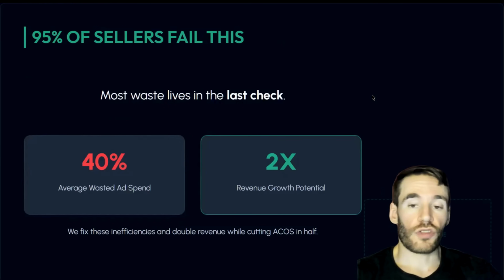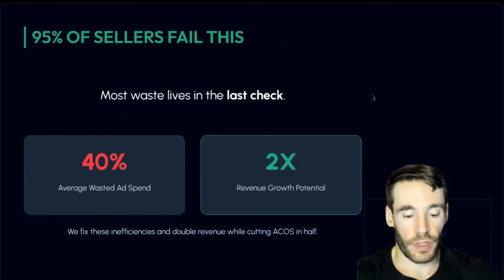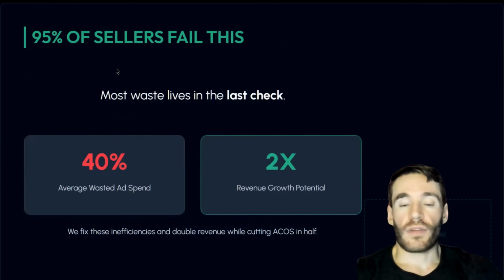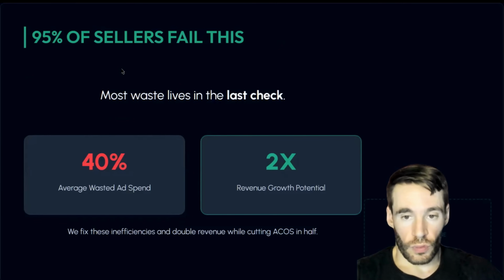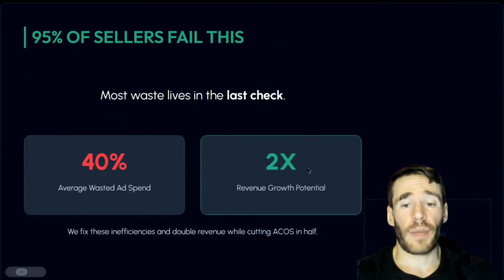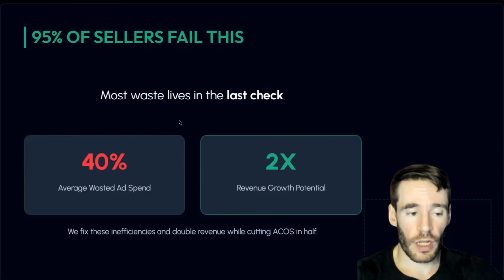Okay. And I want to say this. We do a lot of audits. We did, I don't know how many, hundreds and hundreds of audits, thousands maybe. I'm not sure. 95% of sellers fail some of these steps. Most of them fail in a lot of stuff. And these are the metrics that we get. Most of the sellers that we work with, we double revenue in our collaboration, and we reduce ad spend by 40 to 50%.